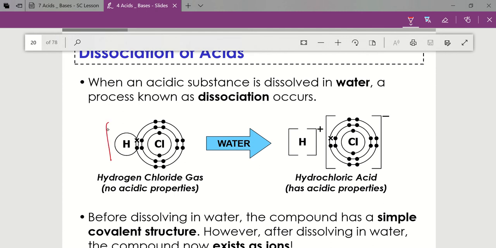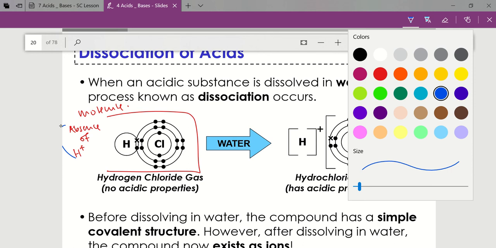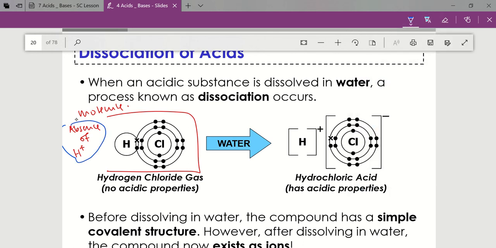So in this situation, it is a molecule, and hence there is an absence of hydrogen ions. Because there is an absence of hydrogen ions, it is therefore not acidic.